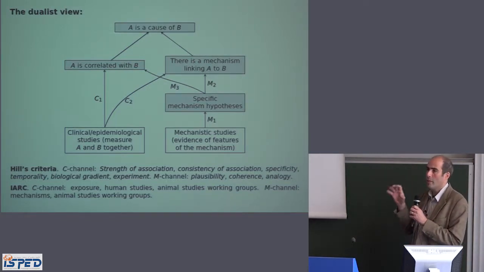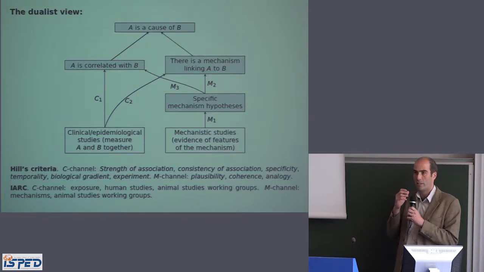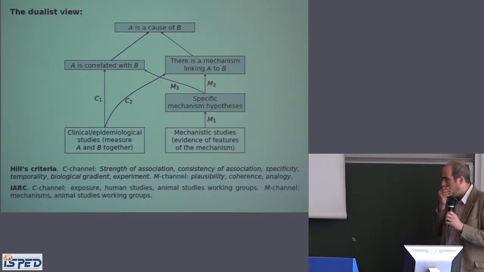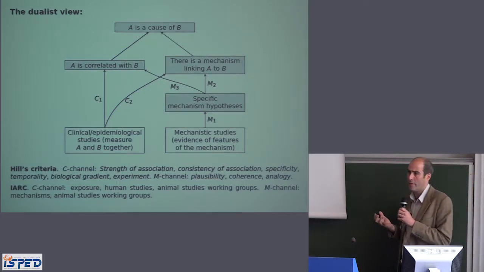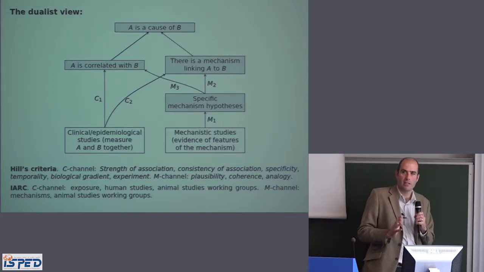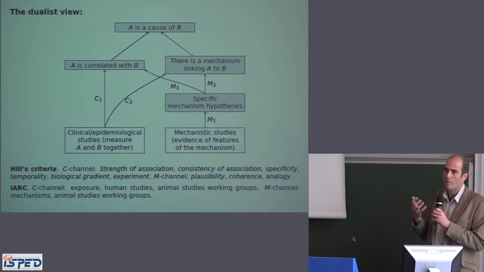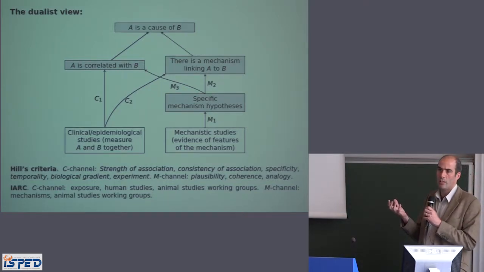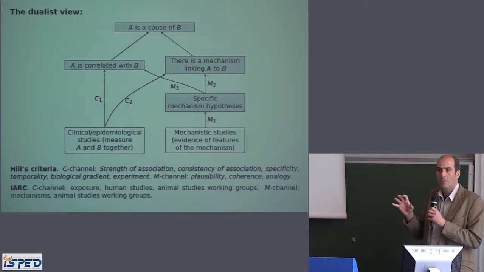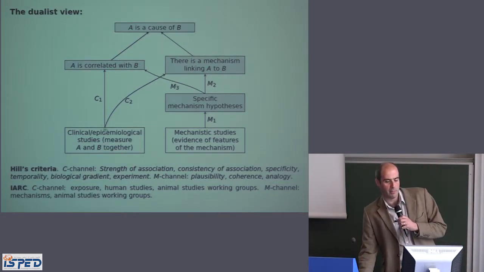This is the way we used to establish causation when we used Hill's criteria more systematically. So Austin Bradford Hill, he was one of the pioneers of the randomized controlled trial, and he put forward his list of criteria for establishing causality. Many of these criteria deal with the way in which clinical or epidemiological studies support correlation and mechanism.